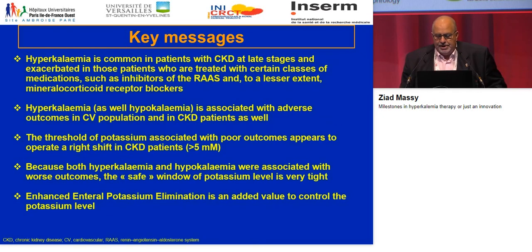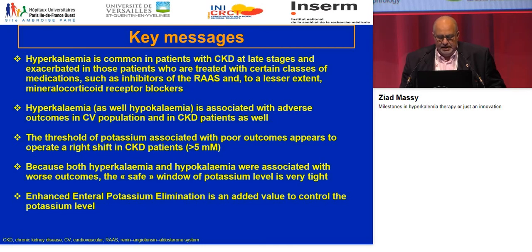The increase in potassium in our patients is not related to CKD only, but also to diabetes and the use of RAS inhibitors. This hyperkalemia is associated, as is hypokalemia, with an increased risk of mortality, cardiovascular mortality and cardiovascular complications.